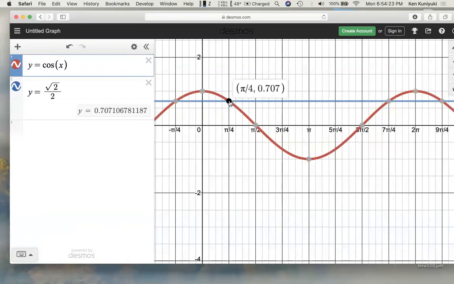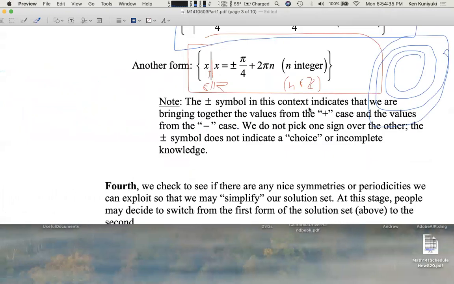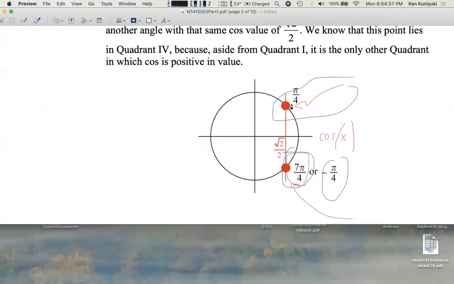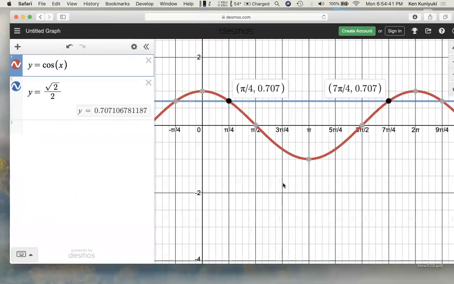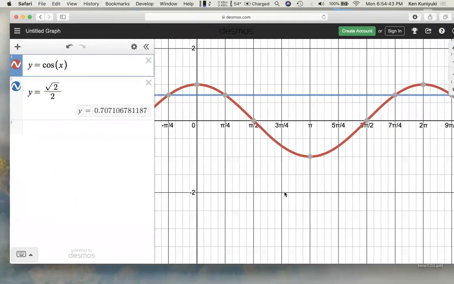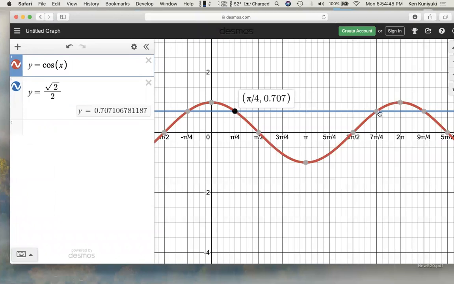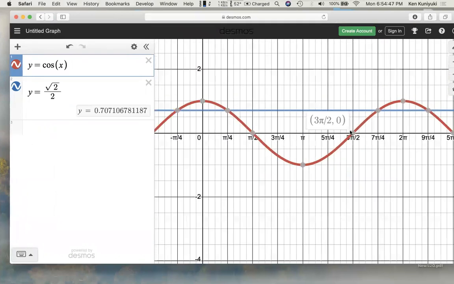Pi over 4, comma, the 0.707 is a rounding off of root 2 over 2. Likewise, over here, 7 pi over 4, comma, basically root 2 over 2. Remember, pi over 4, 7 pi over 4, those corresponded to two solutions in our solution set. Where else did we get solutions? For what other x-coordinates?